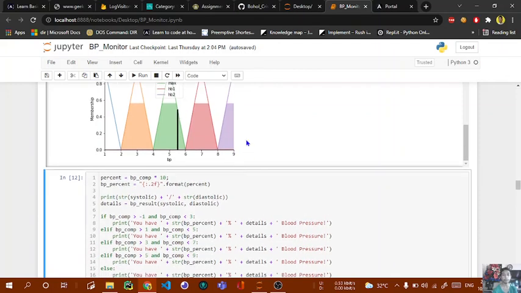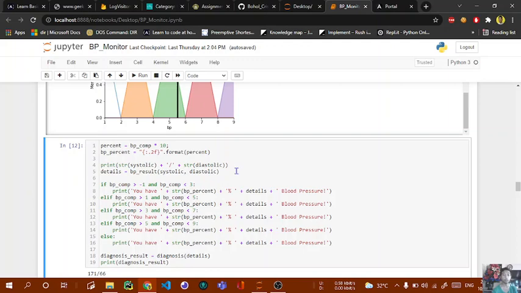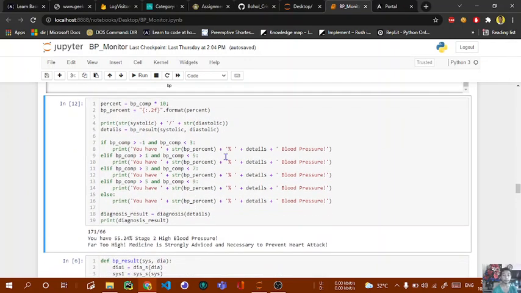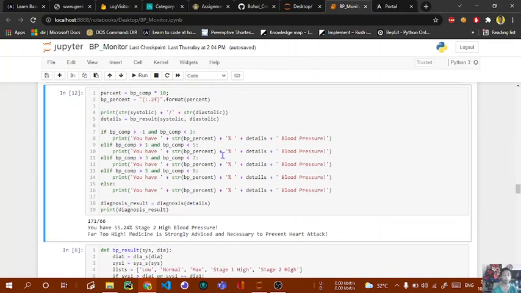So in order for us to know what we should do when we receive that result, in my case, I just multiplied it by 10, so that I can show that you have 50% instead of 5 out of 10. Then I called BP result.